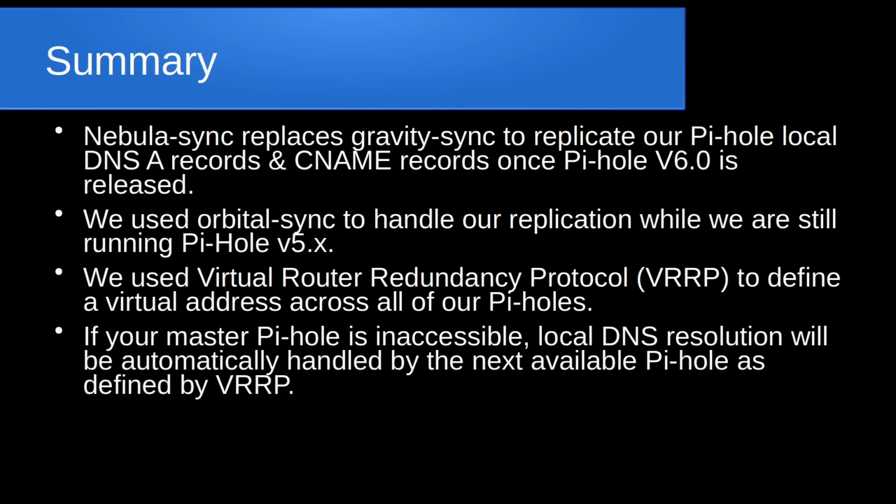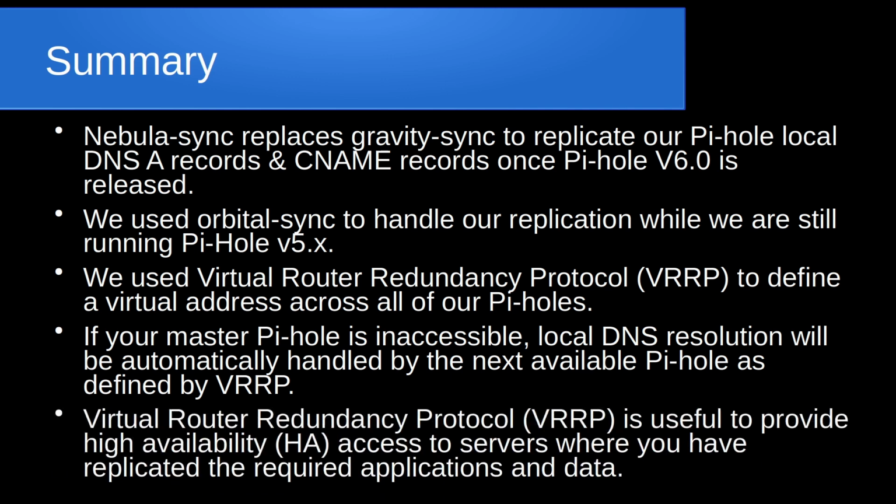If your master Pi-hole is inaccessible, local DNS would be automatically handled by the next available Pi-hole as defined by VRRP, as we just demonstrated by shutting down both of the Incus containers that were running the primary and the backup Pi-holes. And Virtual Router Redundancy Protocol is useful to provide high availability access to servers where you've replicated the required applications and data.